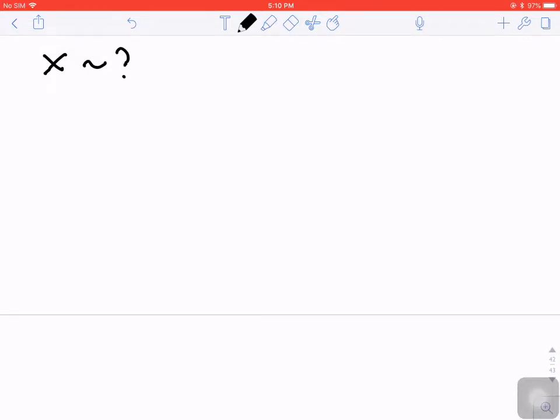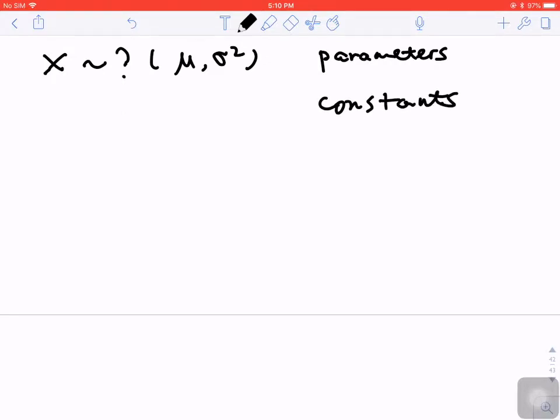Say we do not know the population distribution, and we know its expectation, variance, or we know other parameters. Those parameters are the things that we're interested in, and those parameters are constants. Which means they're fixed, but for most of the time they're unknown, right?